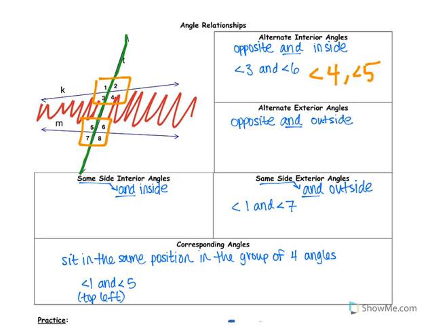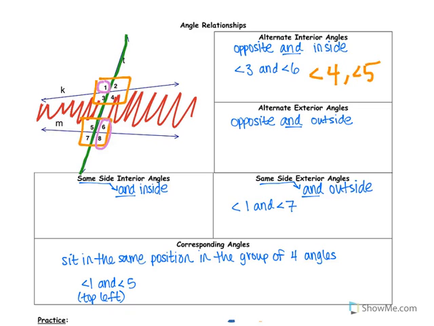Let's look at alternate exterior. So alternate exterior, I have opposite and outside. So let's pick an exterior angle. I think angle 1 is on the exterior. And I need to think about another angle that is also on the exterior, but it's on the alternate side. So if 1's on the left, I'm going to pick one from the right-hand side. Well, I either have 6 or 8 on the right-hand side, right?